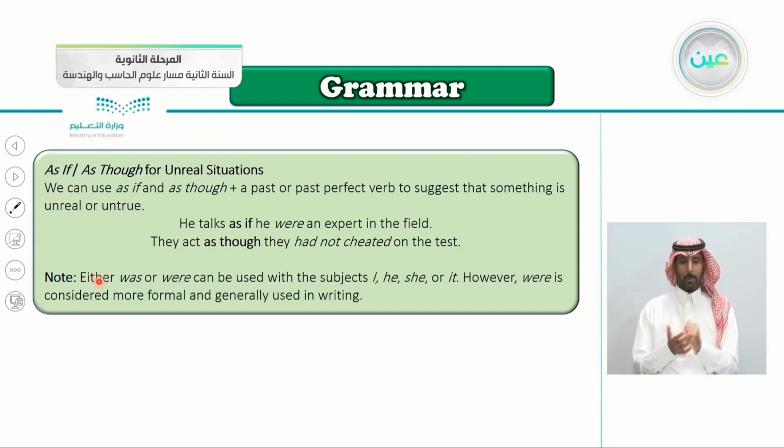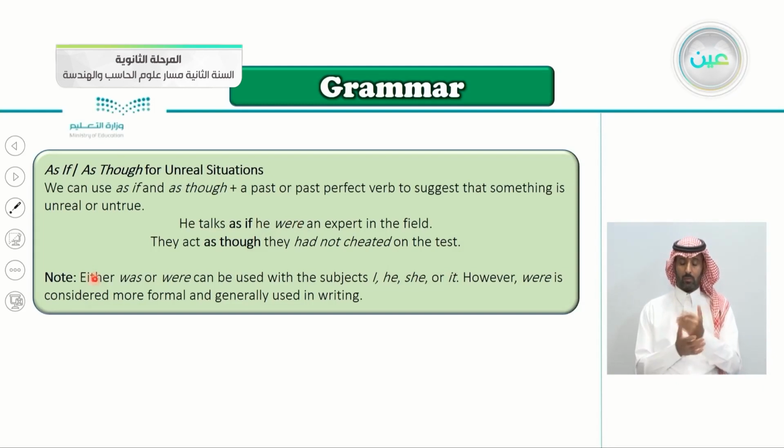A note here: either was or were can be used with the subjects I, he, she, or it. So he can be were or was.